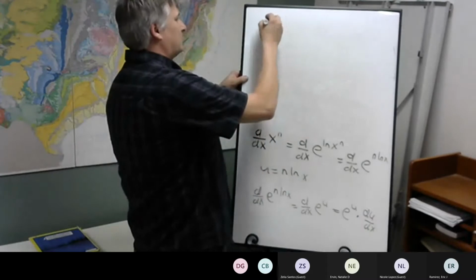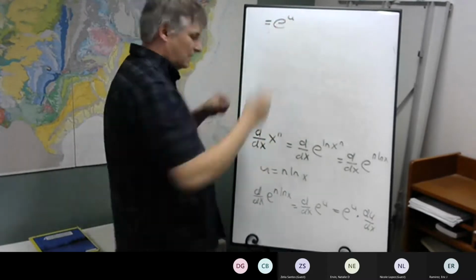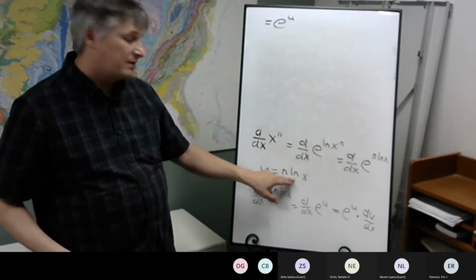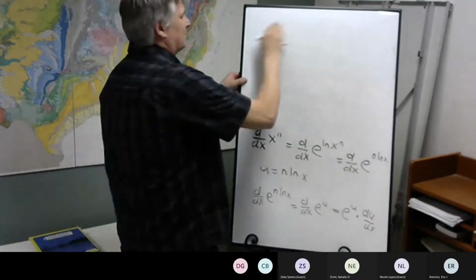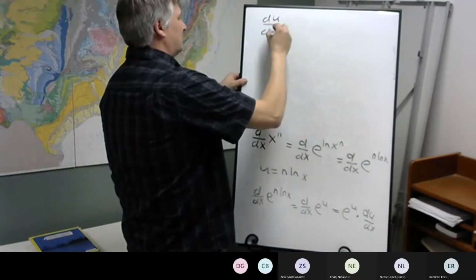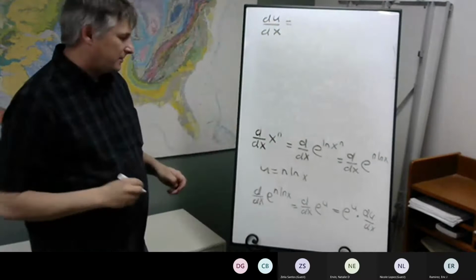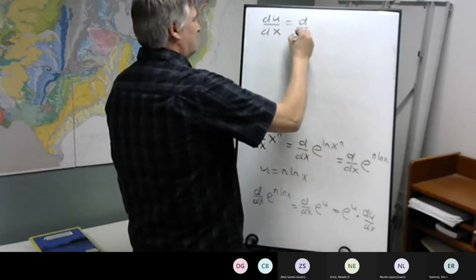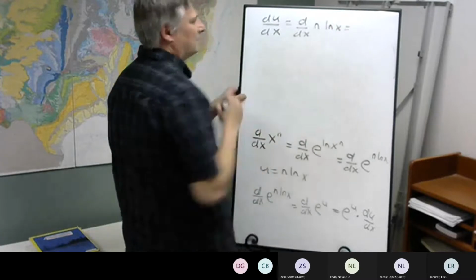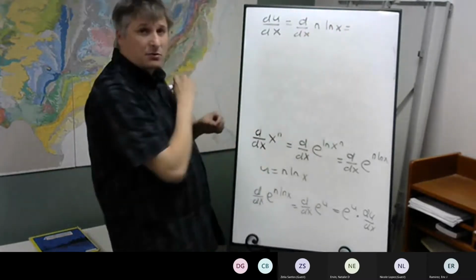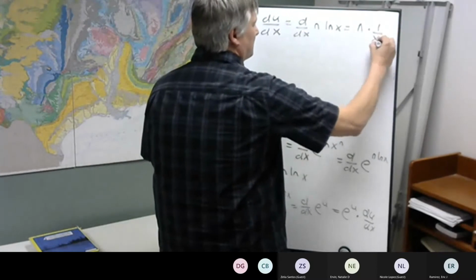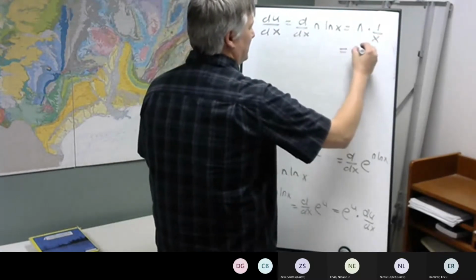And in du dx, well, again, here's u. n is a constant. We're taking the derivative of the natural log of x. That's going to be d dx of n natural log of x. Constant n is going to pass through. We'll get n times 1 over x, or n over x.